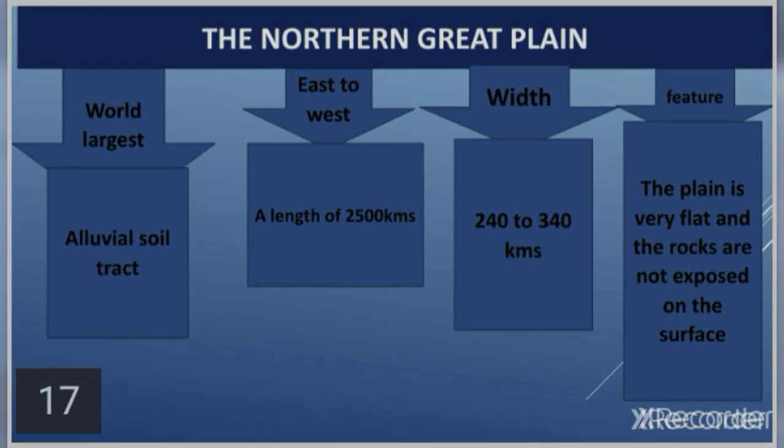Its length is 2,500 kilometers and its width is 240 to 340 kilometers. Its features are, the plain is very flat and the rocks are not exposed on the surface.